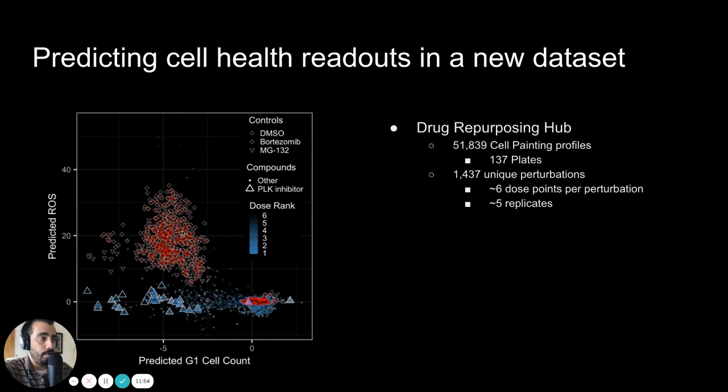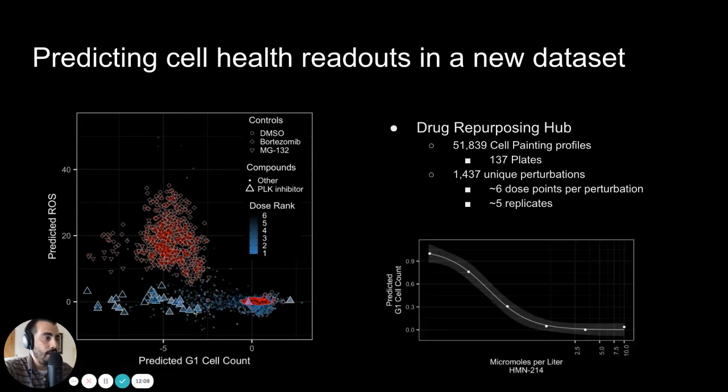The proteasome inhibitors are known to induce ROS, so it's nice to see that they have high predictions, whereas the PLK inhibitors are known to restrict entry into G1. So it's really nice to see that they are not having any predicted ROS, but they actually kill cells this way. And we see a really nice dose curve with one of these compounds, HMN214, validating our predicted G1 cell count model.